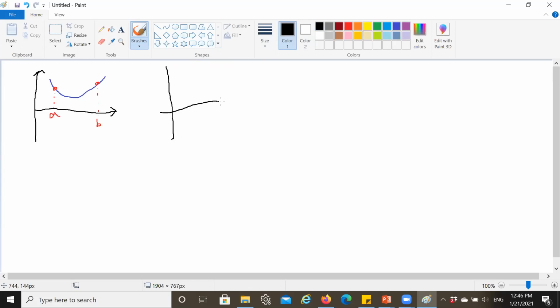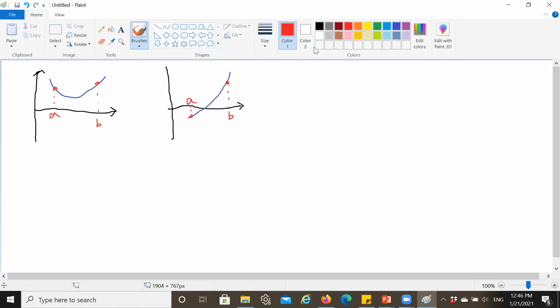Let's draw another scenario. Assume that this is a straight line. In this scenario, I would have such a function, and I again take A and B to be these points. So A basically is this point and B basically is this point.